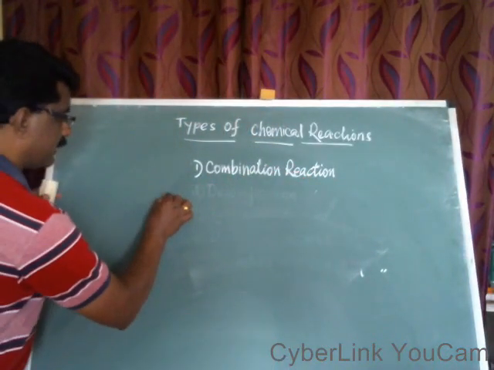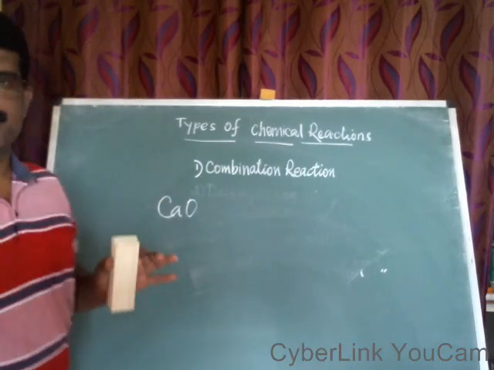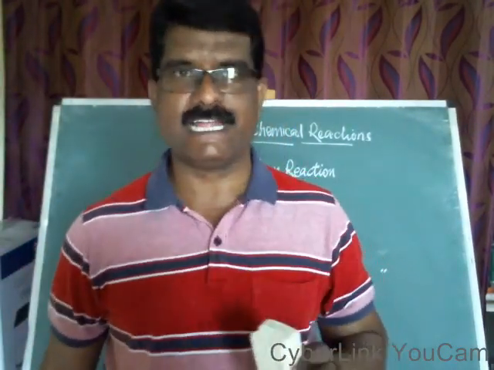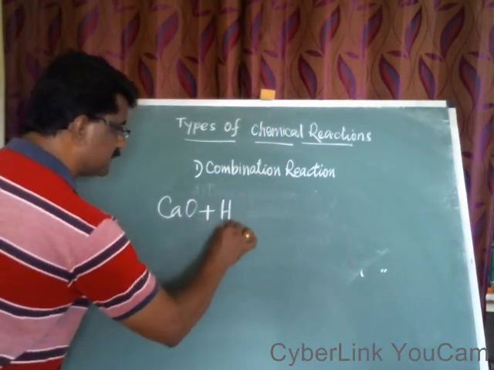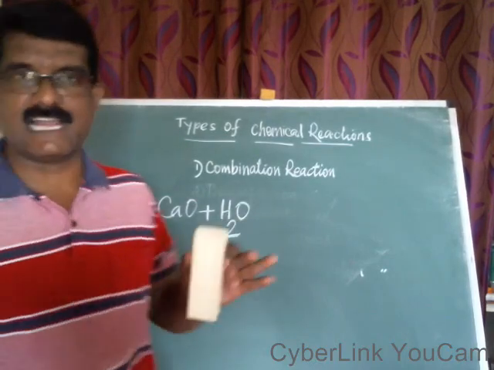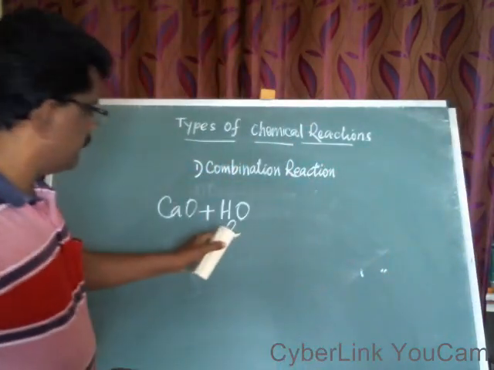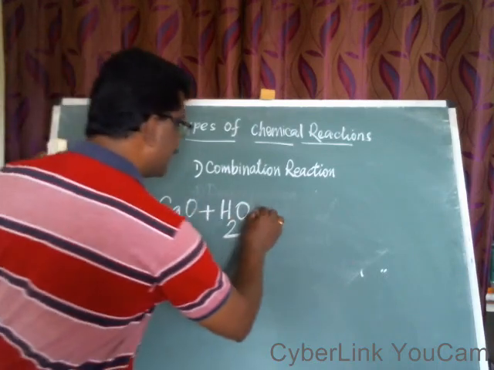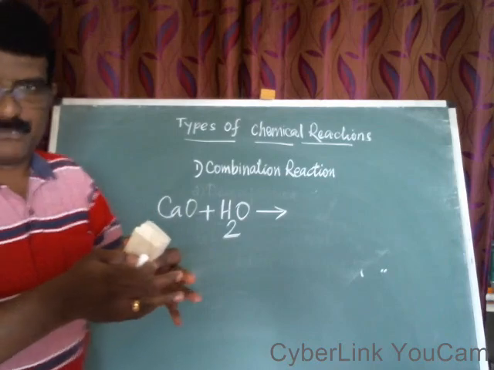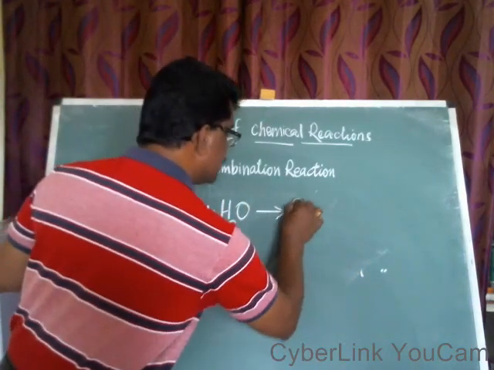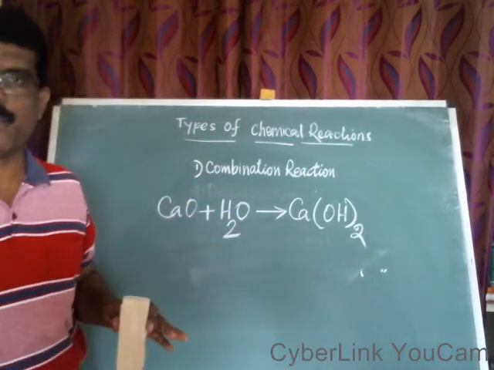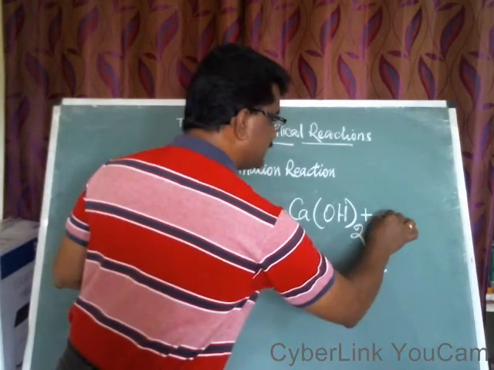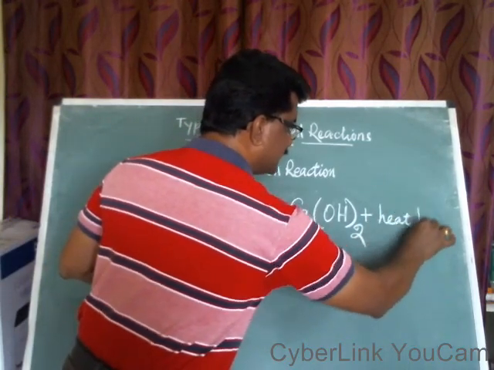Say for example, calcium oxide, CaO, is also called quicklime. When it is mixed with water, H2O, CaO plus H2O, what happens? Both combine together, both join together to produce Ca(OH)2 with the release of heat energy.